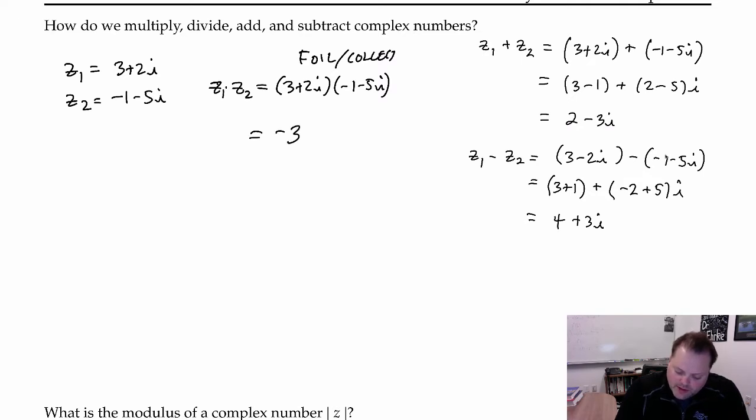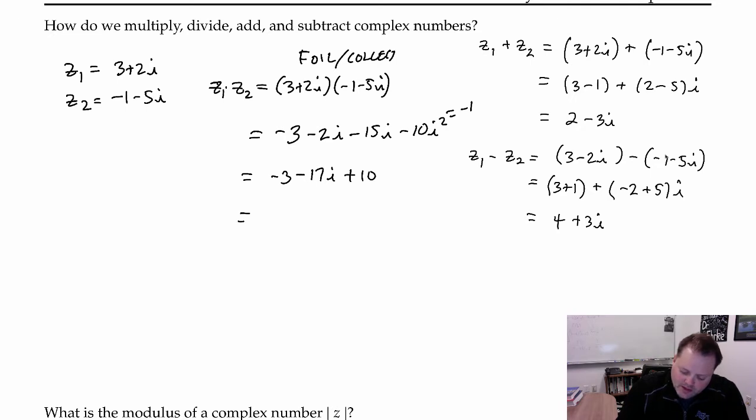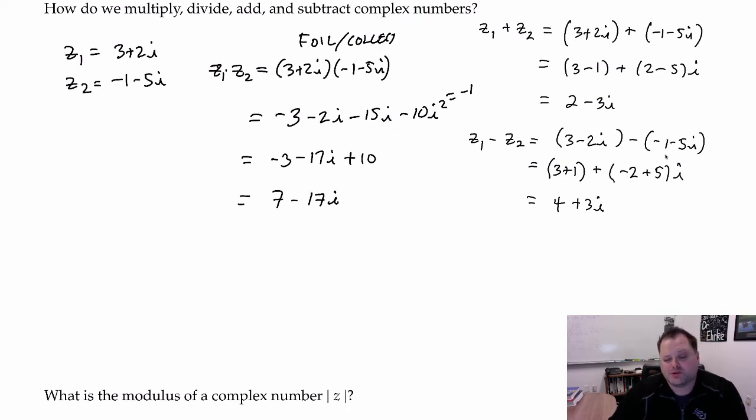You'd get negative 3 minus 2i minus 15i minus 10i squared. So that's minus 17i. Keep in mind that the i squared here is negative 1, so that's negative 10 times negative 1 or positive 10. Negative 3 plus 10 is 7, so you get 7 minus 17i would be the multiplication of those two in rectangular form.